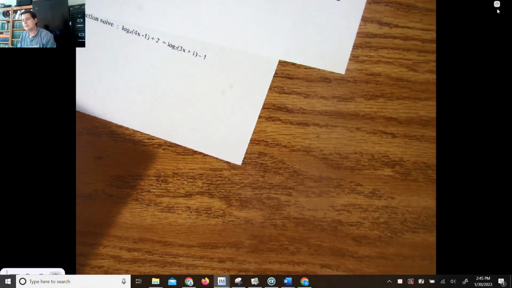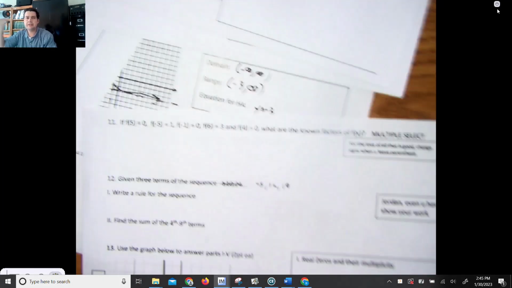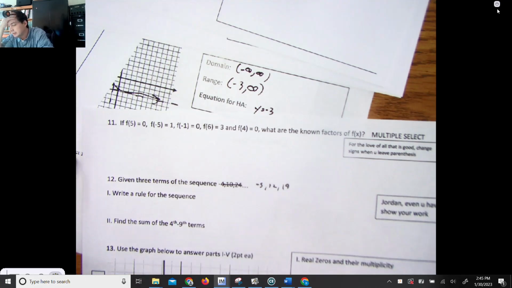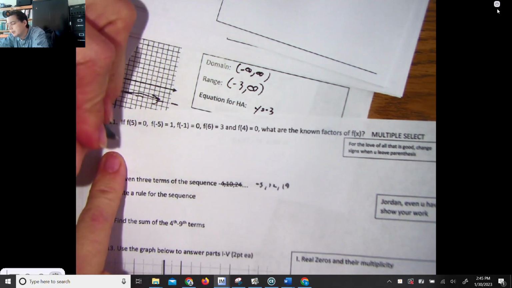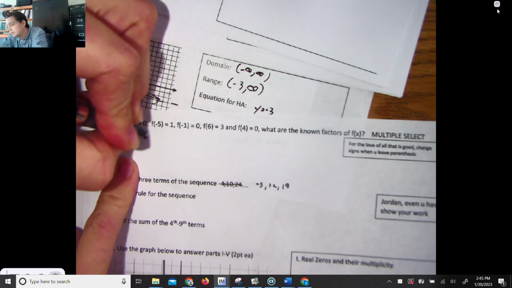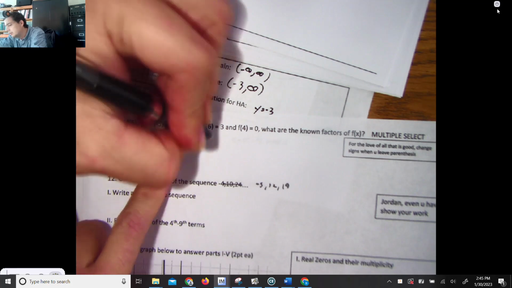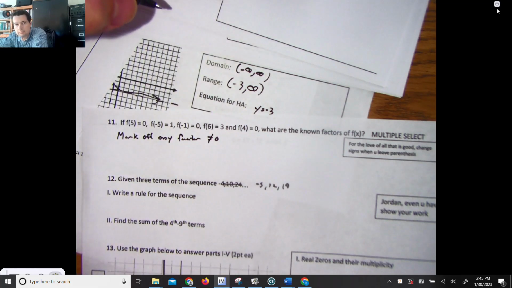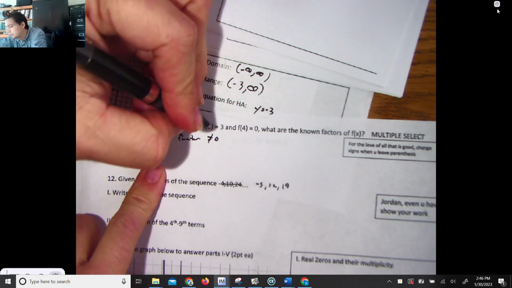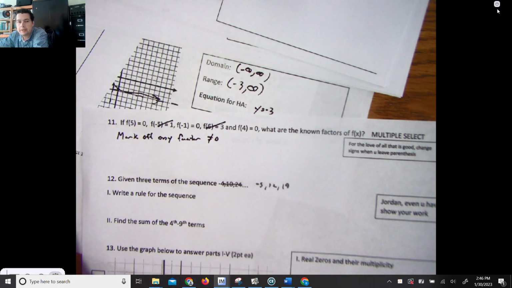And again, I set that up so that it wouldn't be too bad. Evidently, I haven't created a similar example for 11, so I'm just going to do it. What you're going to do is you're going to mark off any factor not equal to 0, because they don't matter.